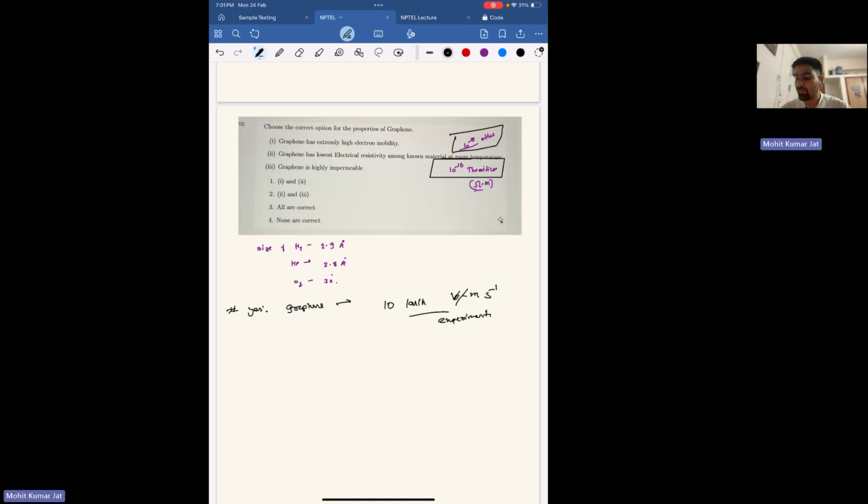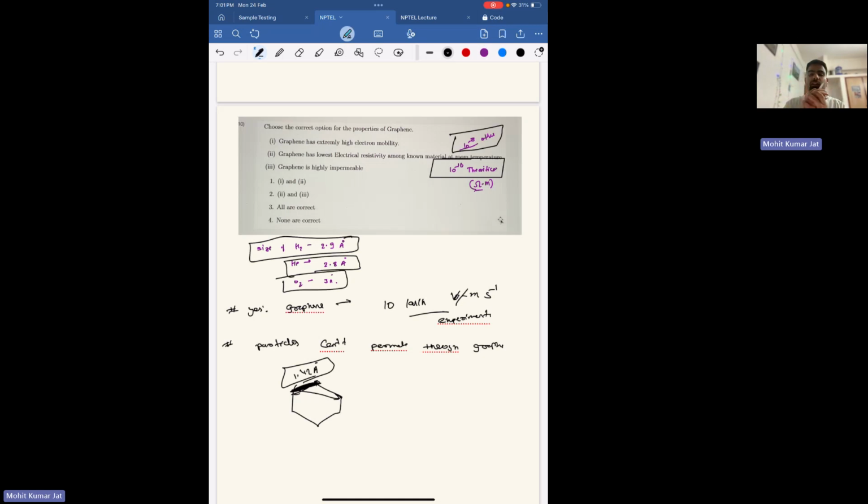Graphene is highly impermeable, right? So the particles cannot permeate through graphene. The reason is the graphene lattice constant. This length is 1.42 angstrom, and the molecule size of hydrogen is 2.9 angstrom, helium is 2.8 angstrom, O2 is 3 angstrom.